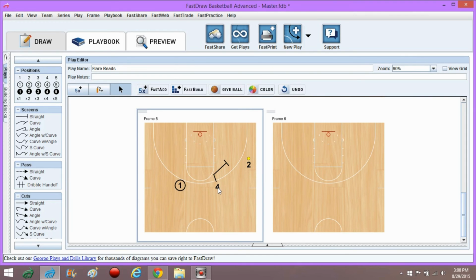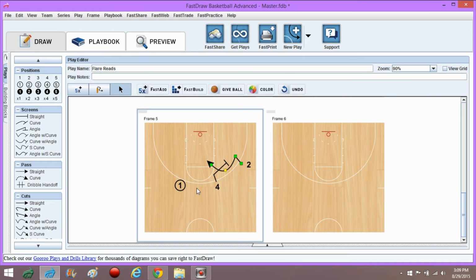The ball now enters the hot zone, and the flare screen can be followed or coupled with a down screen, creating a screen-rescreen action, where 2, who just came off the flare screen, would then set up their man for the cut, and maybe we could get a down screen that is now timed with the ball and turn it into a nice inside cut, let's say a curl cut for a layup here.